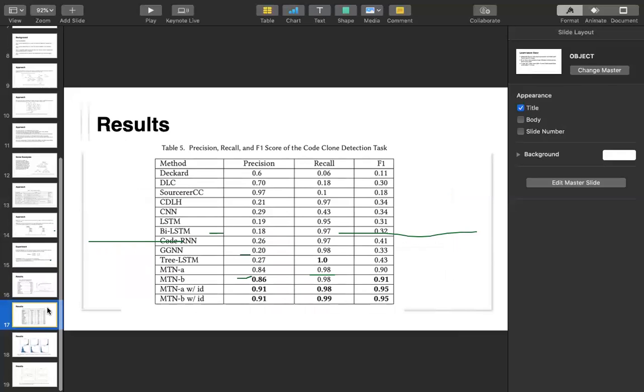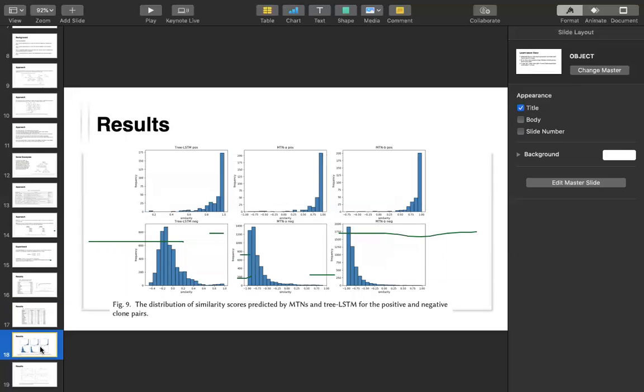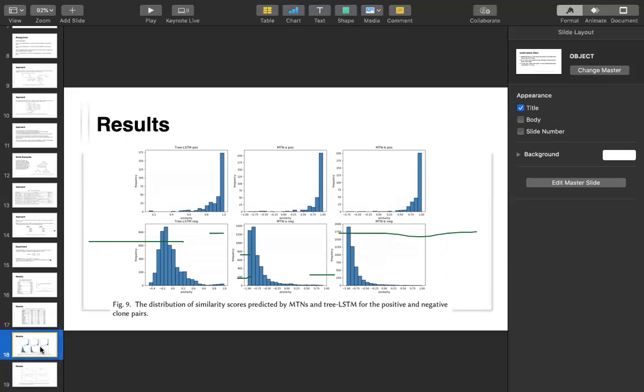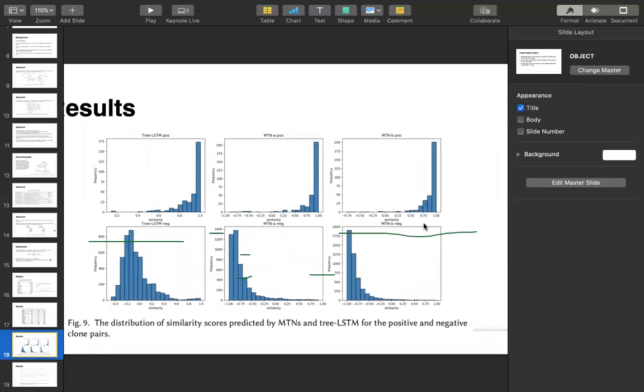Okay. And this is the result for code clone, and we can also see that it has a very good result. Here is the graph showing the distribution of the similarity scores, and we can see that for the MTNB, which is the second approach, the distribution is quite consistent.